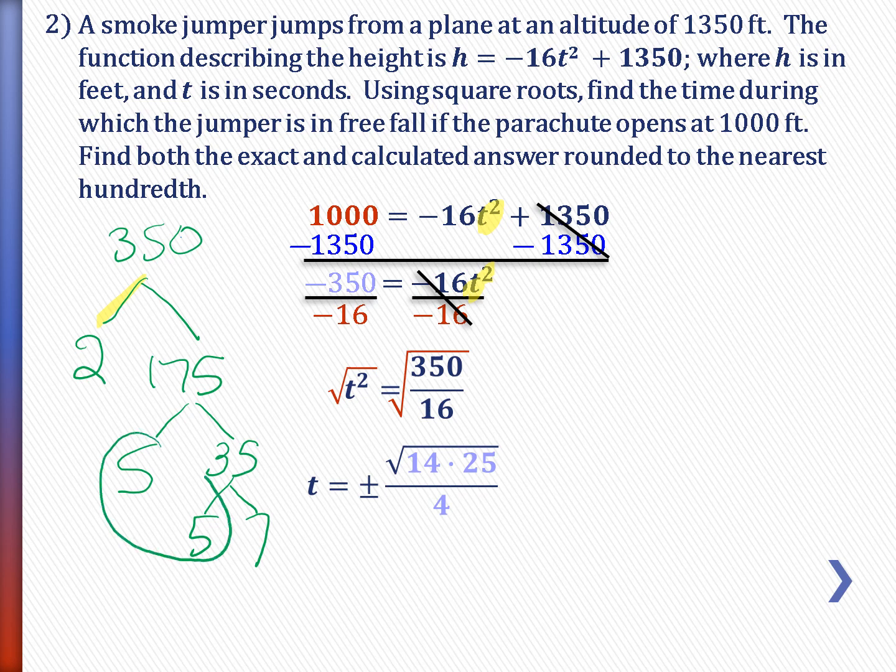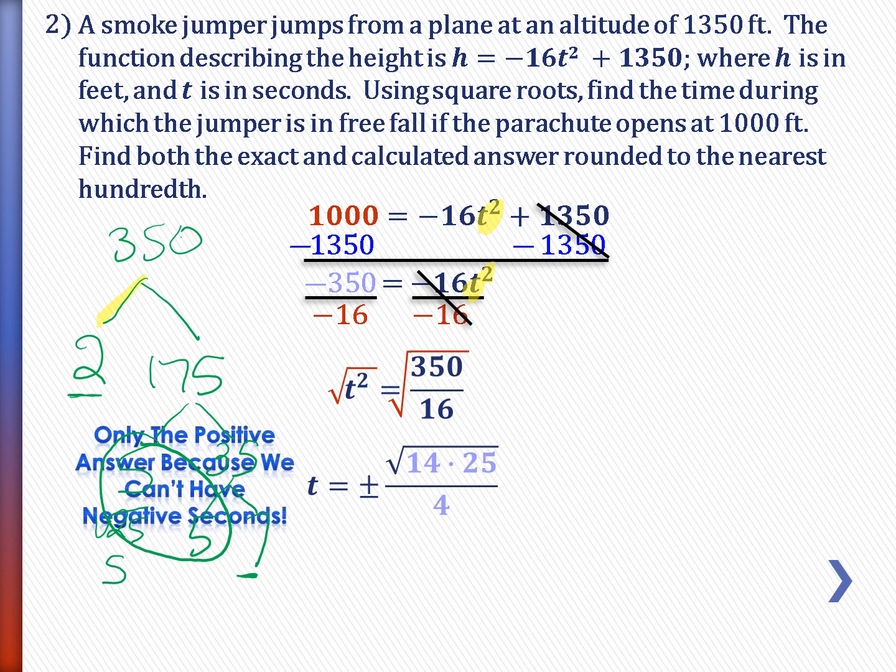So 5 times 5 is 25. Square root that, and that's going to come out as 5. Then we have a 2 and a 7 left over, so that's another way to break it down. Either way, we know that the square root of 16 is 4.